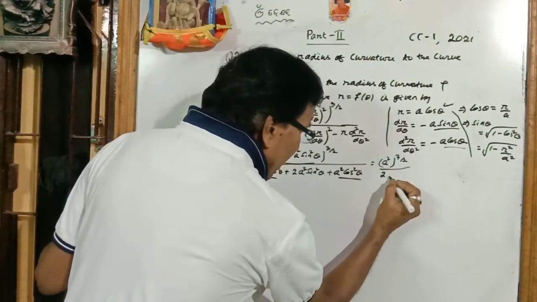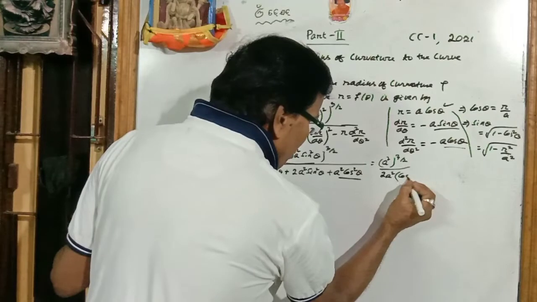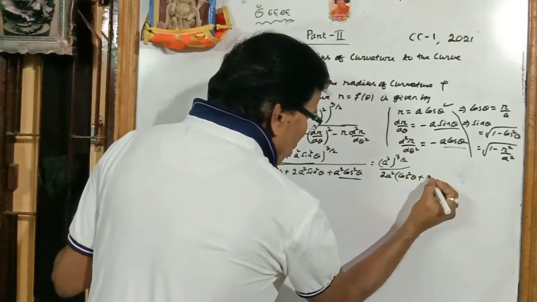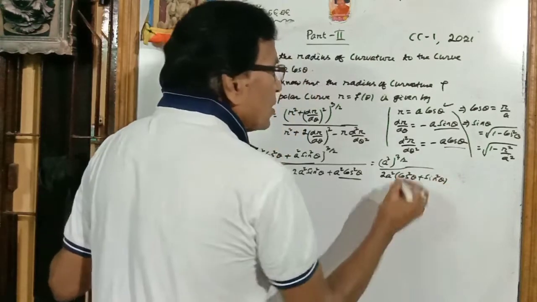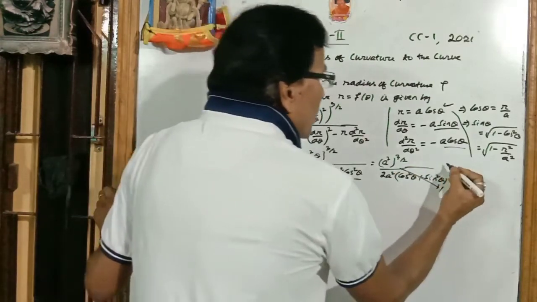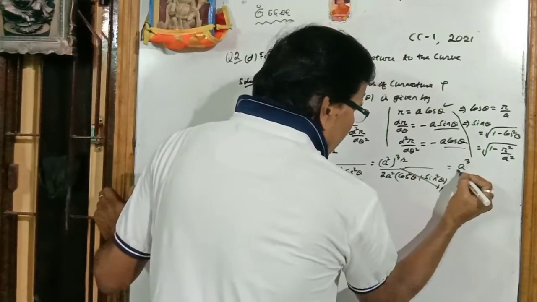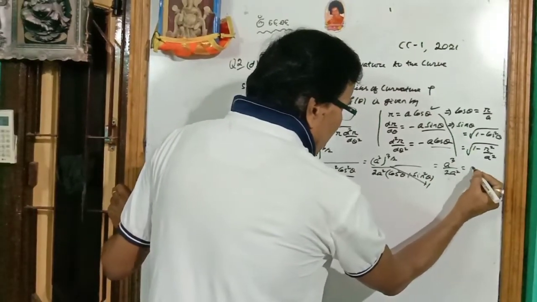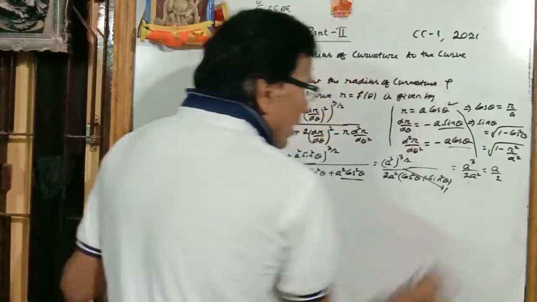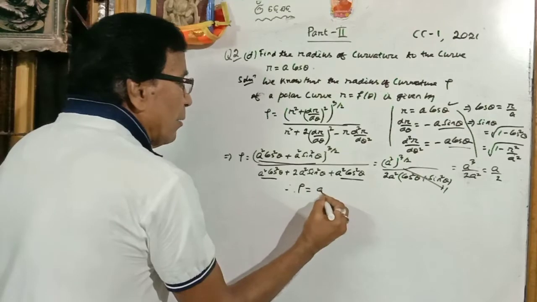Taking 2a square common, it is cos square theta plus sin square theta, and we know that cos square theta plus sin square theta is equal to 1. So a square whole to the power 3 by 2 is a cube, divided by 2a square. The a square cancels out, so it becomes a by 2. So the radius of curvature rho is equal to a by 2. That is the answer.